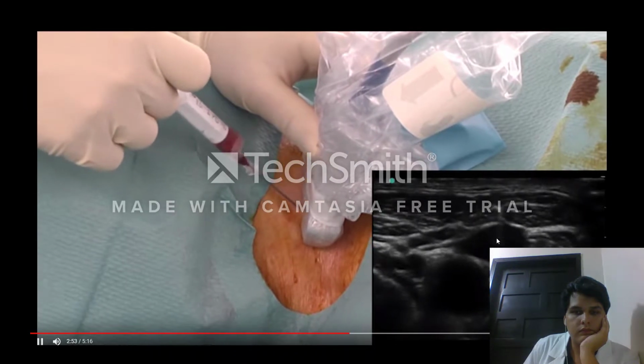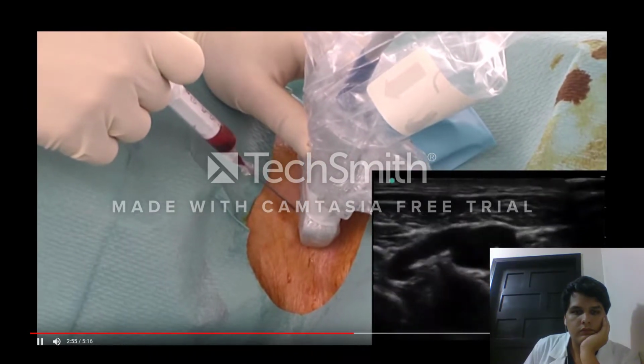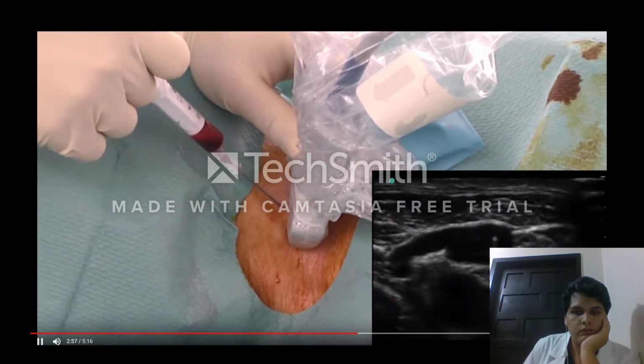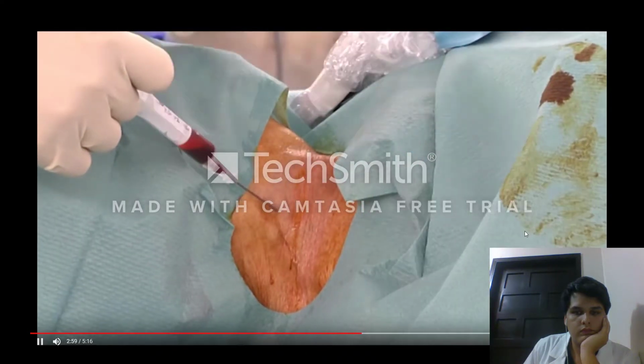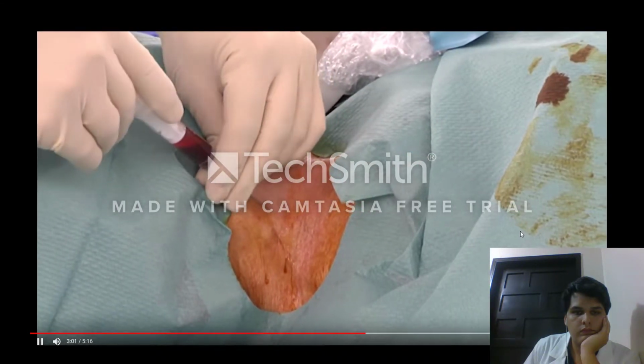Aspiration of venous blood confirms the intravascular position of the needle tip. The transducer is then removed and the guide wire introduced through the needle.